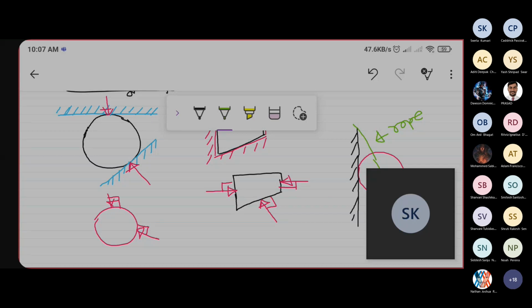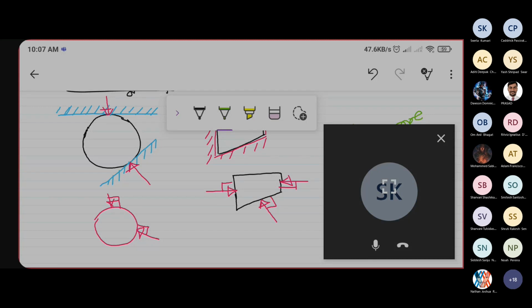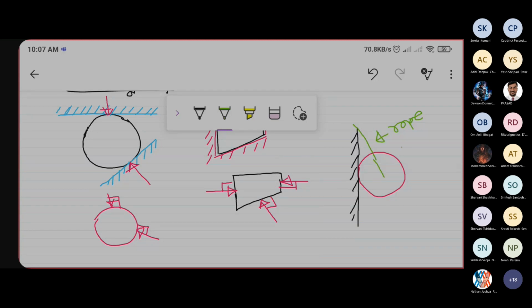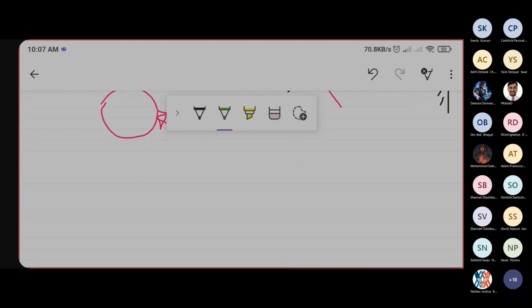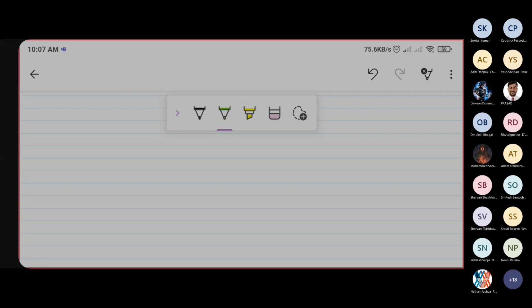What I decided today is that we will not solve numericals based on this free body diagram or force system. We'll jump to the next part, and during the lecture we'll solve numericals, because I feel that when we solve numericals here, many couldn't get it, right?